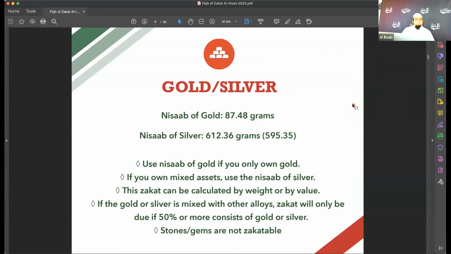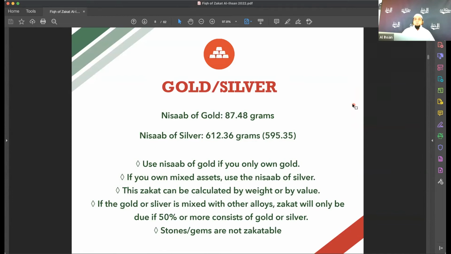Gold and silver are the original types of wealth in Sharia. All other formats of wealth that have been adapted are because of necessity. But what Sharia actually considers wealth is gold and silver. In the time of Nabi Sallallahu Alaihi Wasallam, the coins that were used were dirhams and dinars.